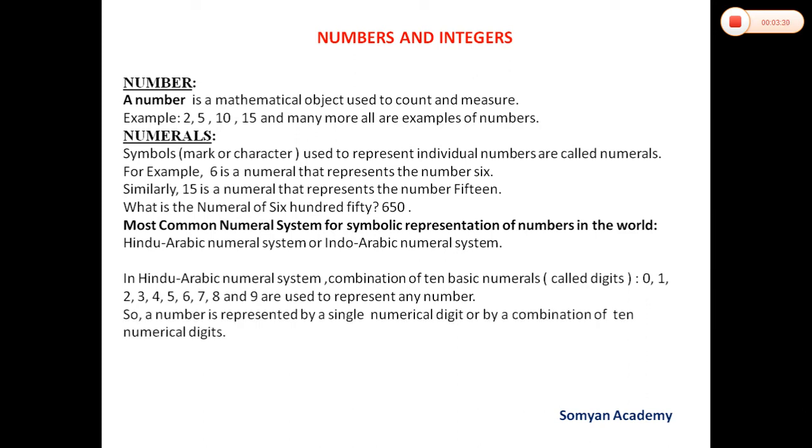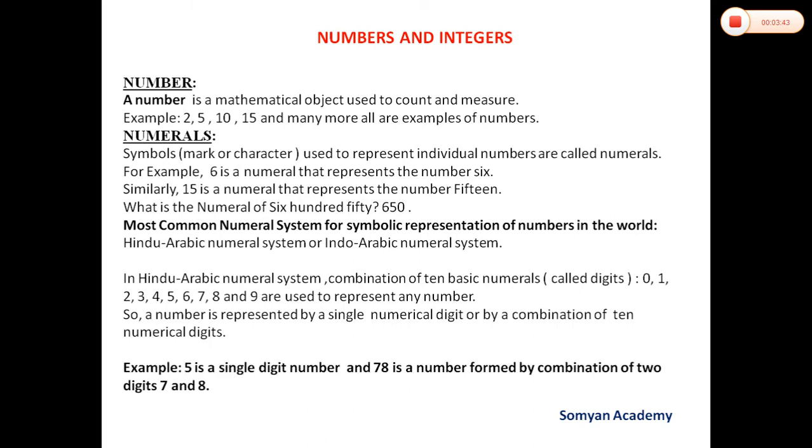Further, a number is represented by a single numerical digit or by a combination of 10 numerical digits. For example, 5 is a single digit number and 78 is a number that is formed by a combination of two digits, that is 7 and 8.